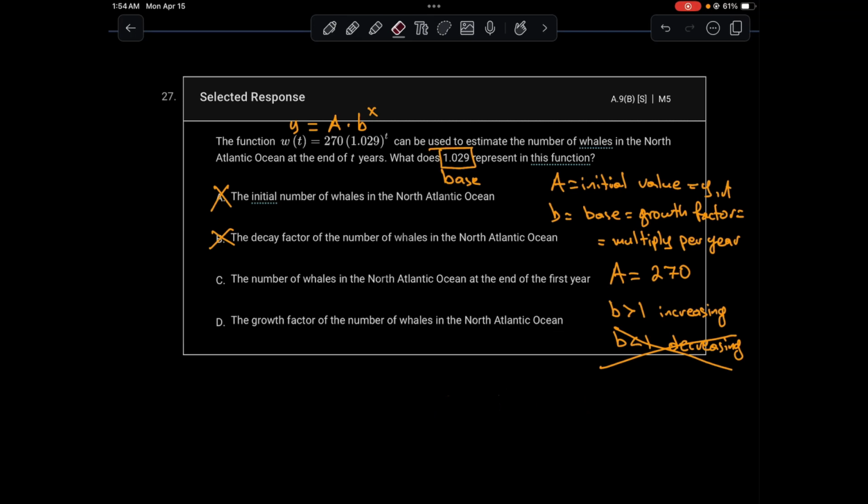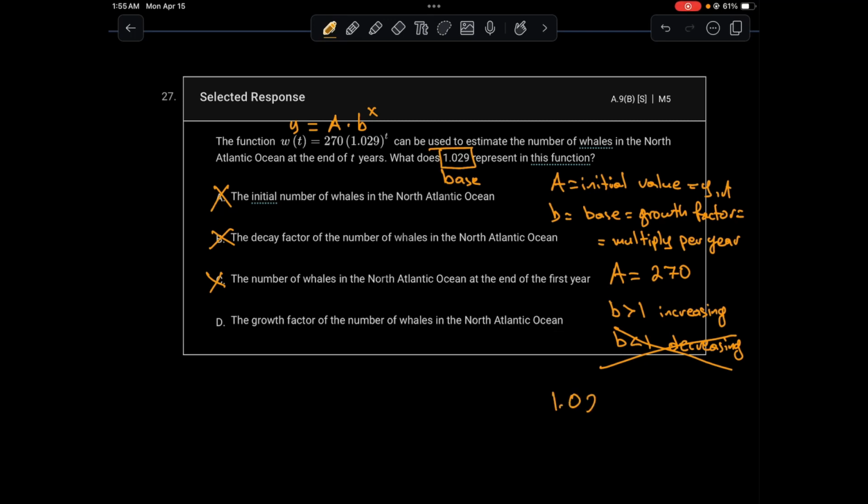Then it would be the last one, which is the growth factor of the number of whales in the North Atlantic Ocean, which is the same as B, but instead of decay factor, growth factor. And how do I know it's a decay or growth? Well, it's greater than 1, so it should increase. So it should not be a decay factor, okay?